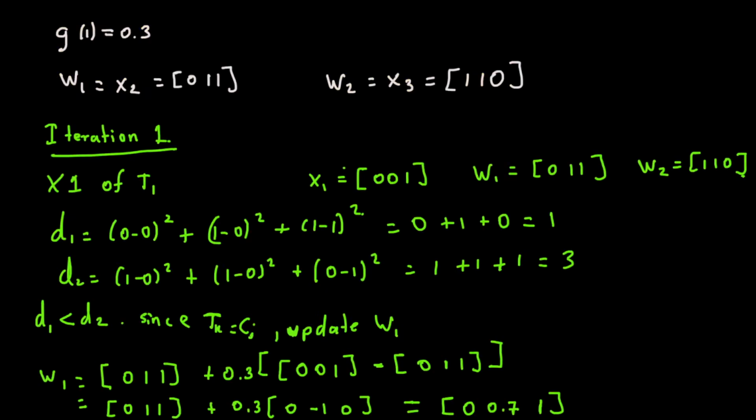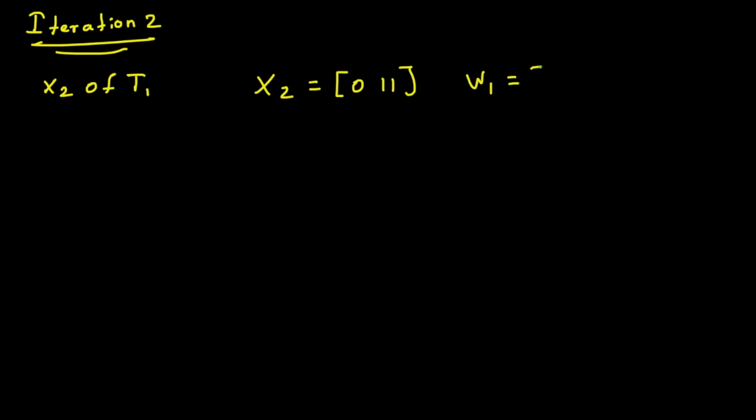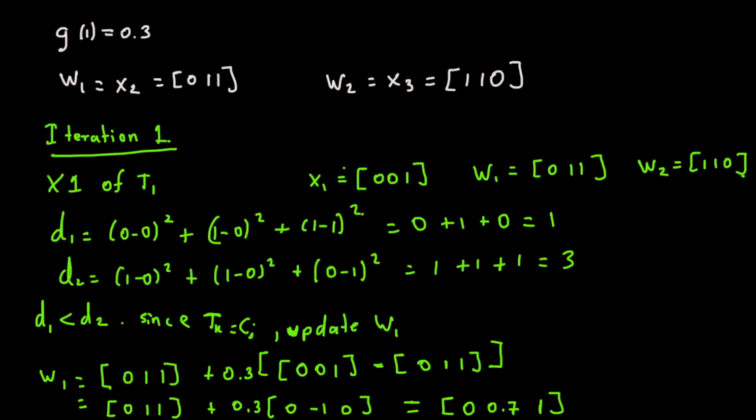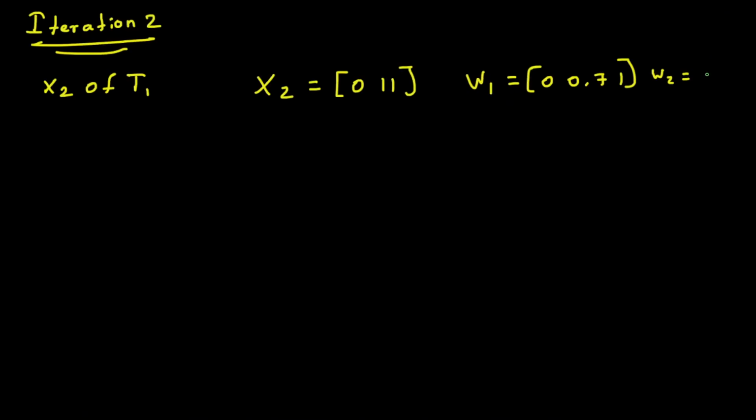But here the w is going to be the updated w, because we already updated the w1. We had to bring this value here. W2 remains the same because we didn't change anything for the W2. So the W1 will be whatever we updated here, which is 0, 0.7, 1. And the W2 is going to be this one, 1 1 0.